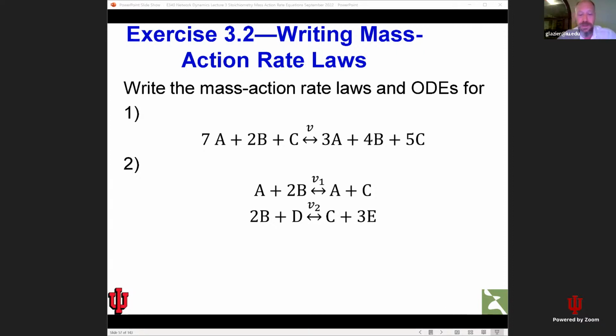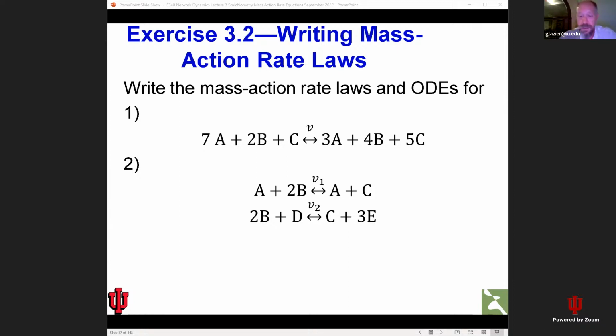So let me just do this. I'll type it for you. If I make a mistake, you can correct me. So dA by dt is equal to -7 times a to the 7th times b squared times c.